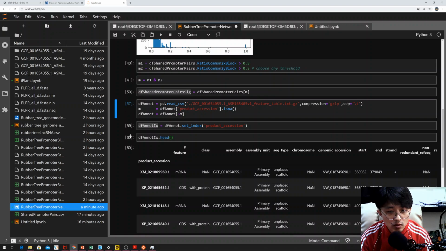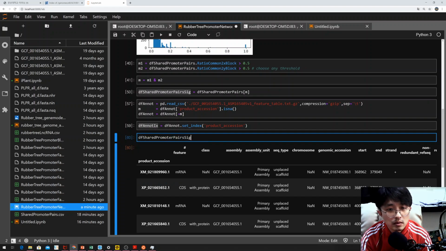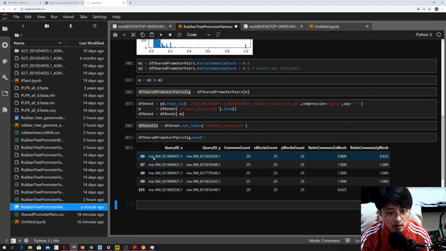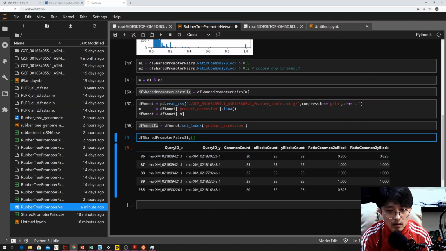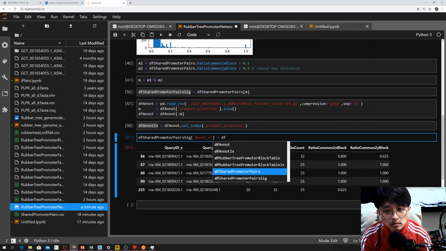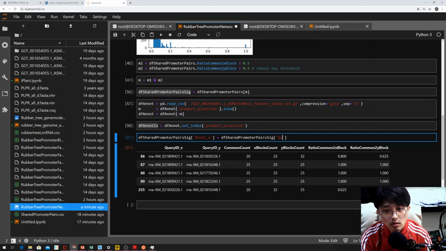Okay. Let's go back to the data frame, shared pair significant. Okay, then you have this ID and you have this ID. So I will annotate this X and Y. Okay. Then X equals query X apply lambda X split.